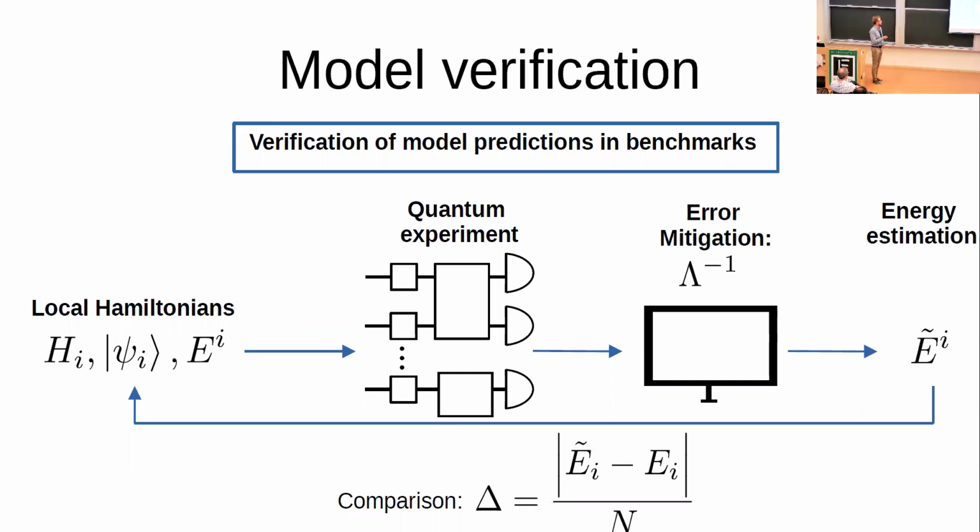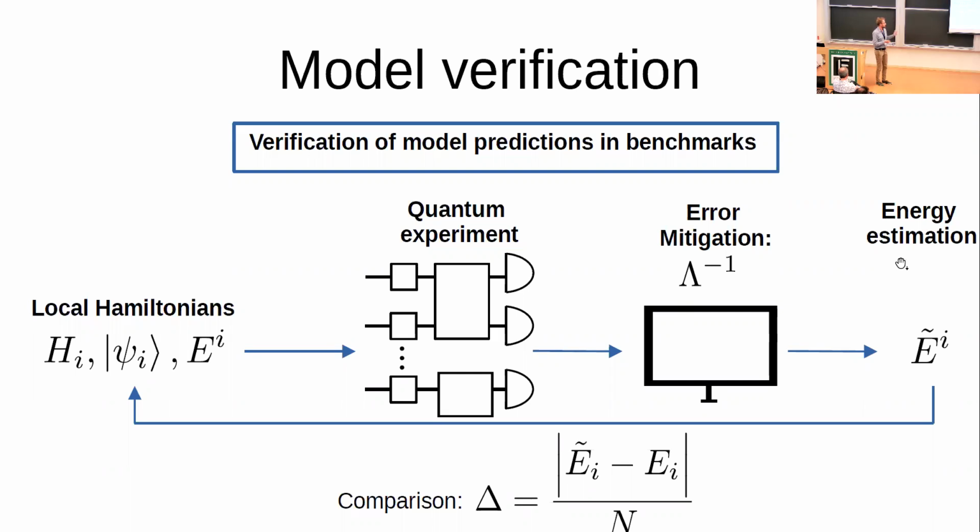We ask our device to prepare that eigenstate, and we measure it in order to estimate the energy on the device. Then we add an additional step: we mitigate the readout errors by simply finding the inverse of the noise model. In this way, we obtain an estimated energy.